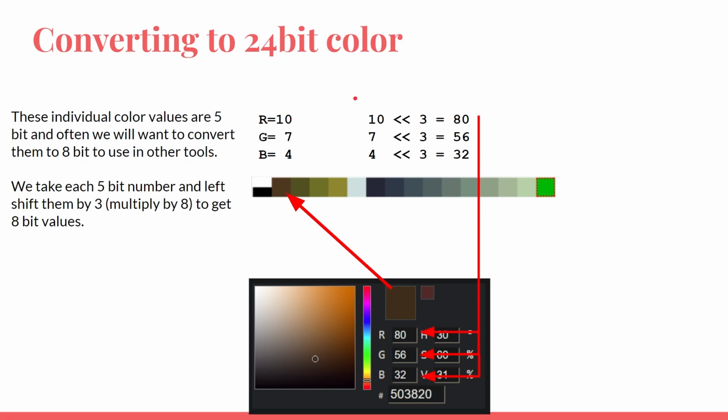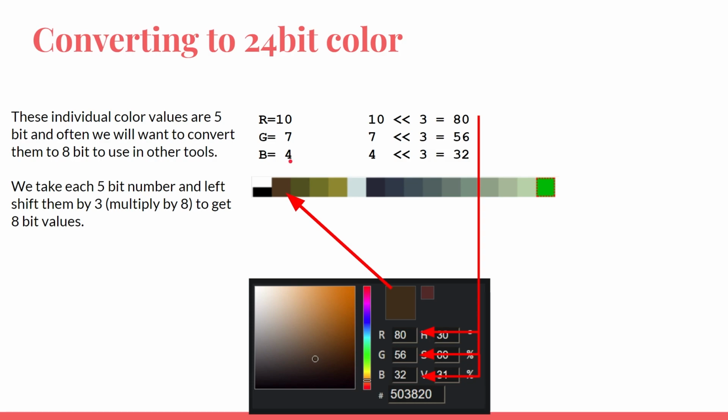Now in the previous example, we found out that we were looking at the second color in this color palette, and we got the RGB values of 10, 7, and 4 for that color. If we want to convert this color to something that we can actually use in a different program, these colors, because they're only 5-bit, go from 0 to 31.